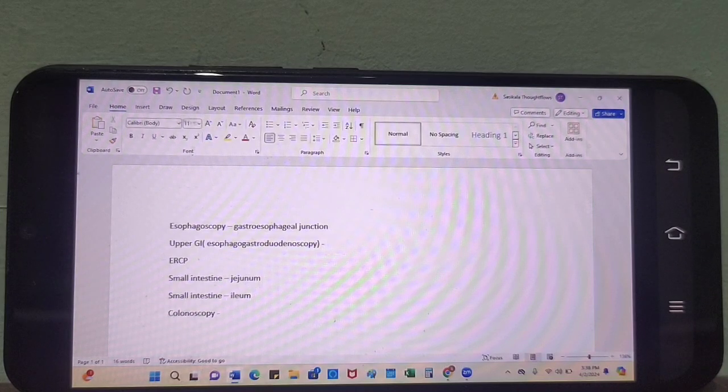For upper GI scopy, the duodenum is the termination point.